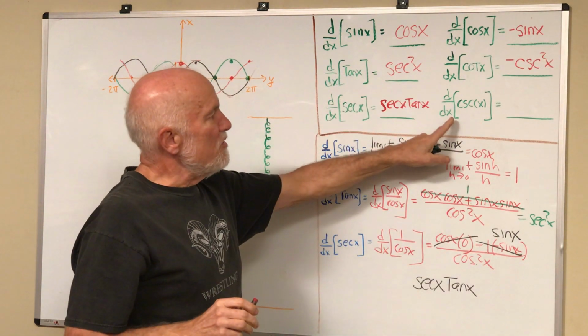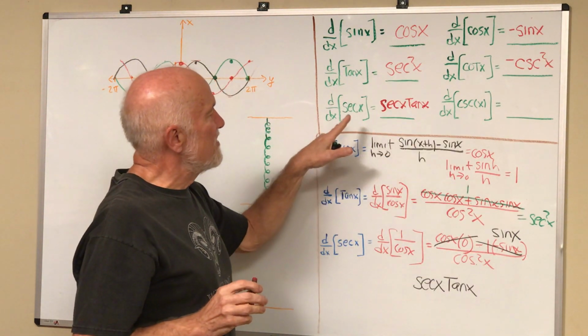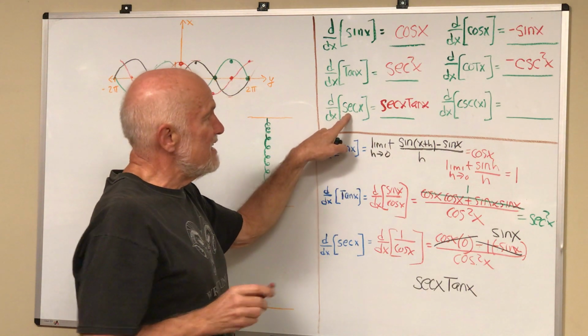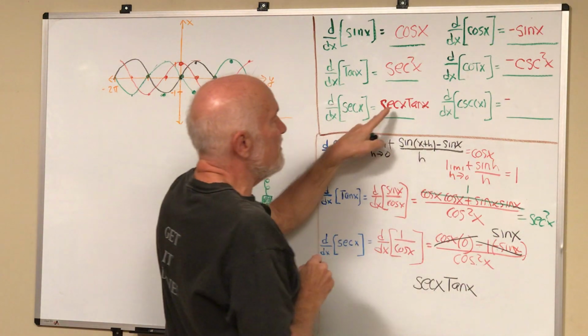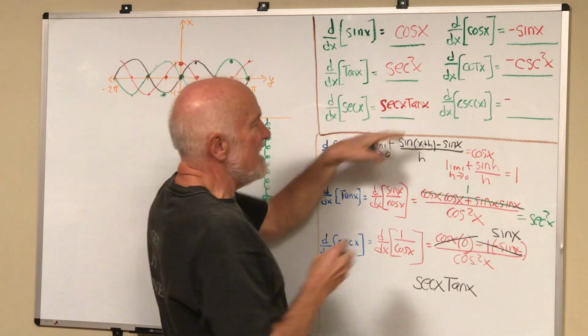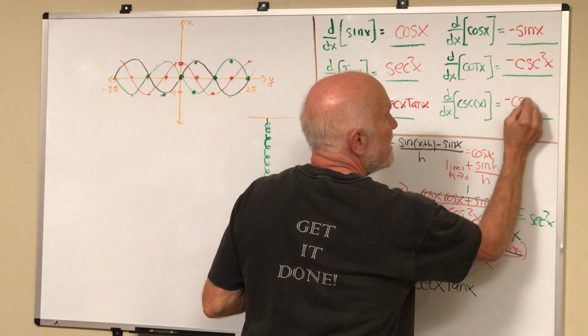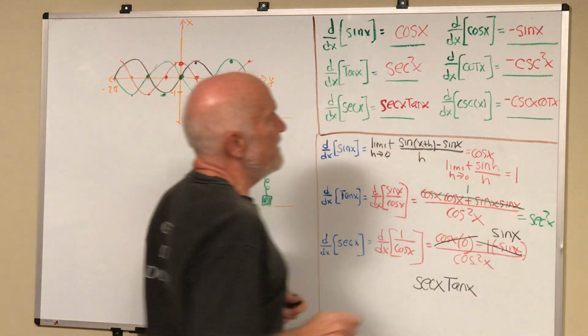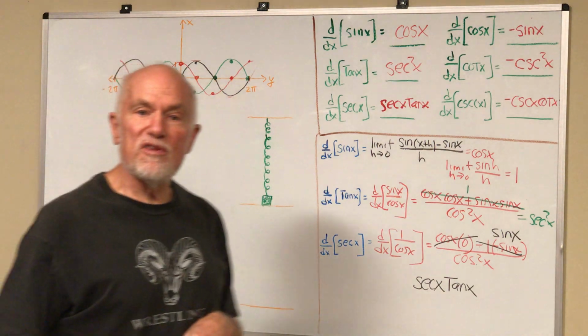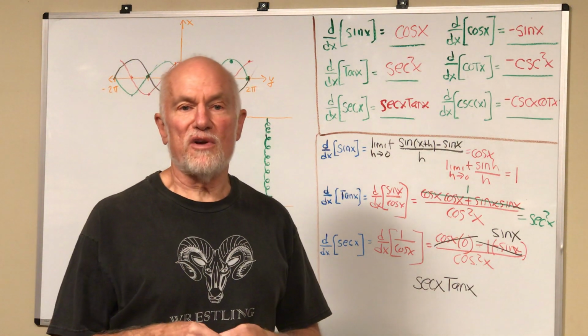And the same thing here. The derivative of the cosecant of x is sort of like the secant. All the cofunctions have negative derivatives, and instead of secant tangent, it's cosecant cotangent. So now we have the derivatives of all 6 of the trigonometric functions.